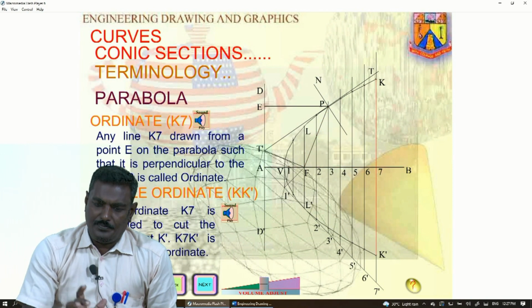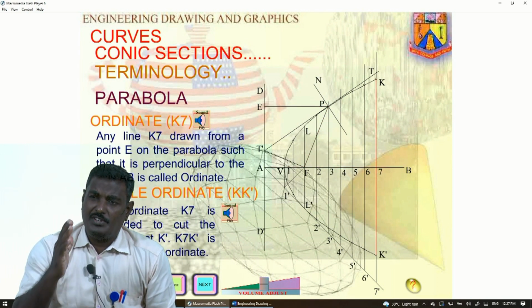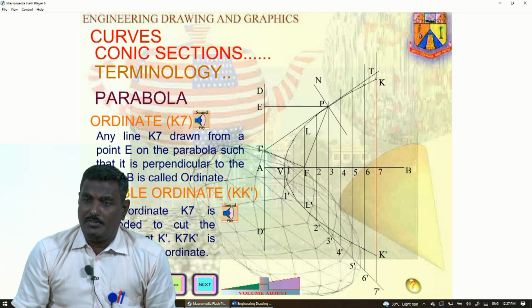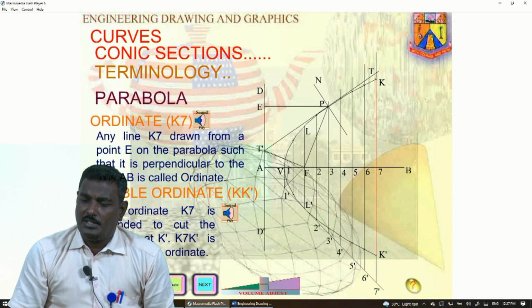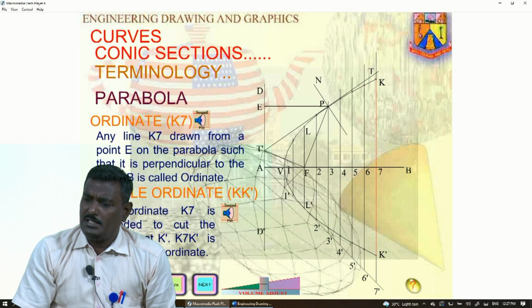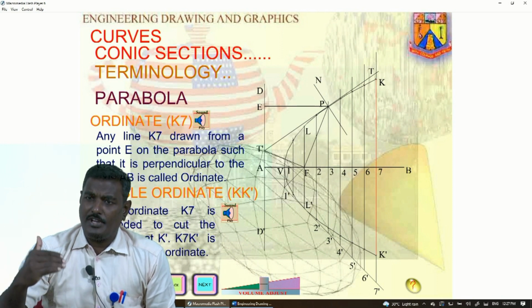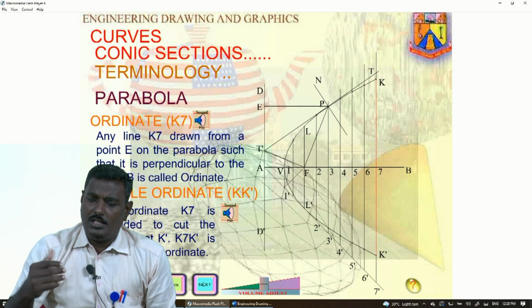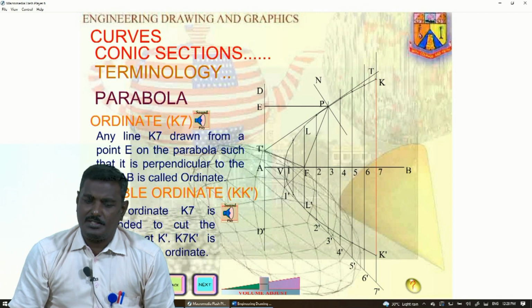Then axis, the basic thing in a parabola, the vertical axis. Wherever you measure from the vertex to the open curve, say for FL, the vertical distance, only one half above or below, if you measure that vertical distance, we call it the ordinate.